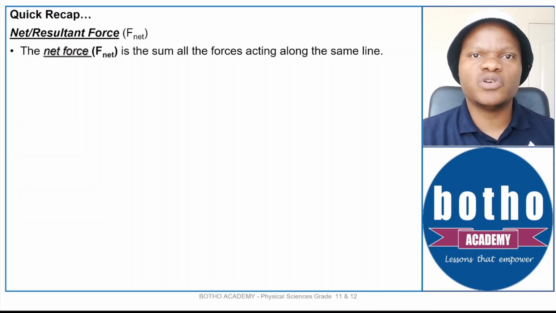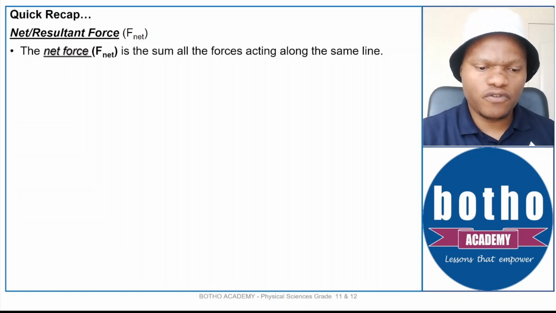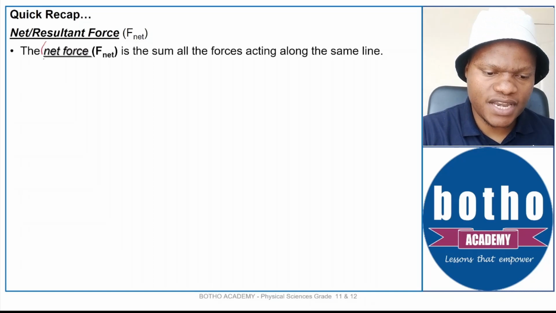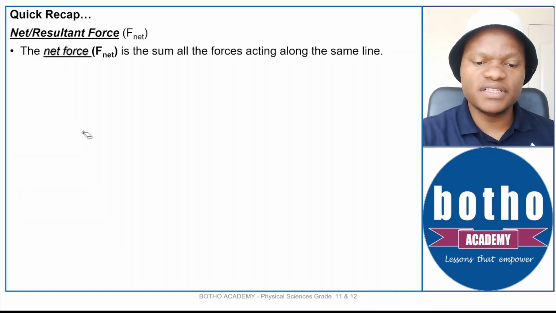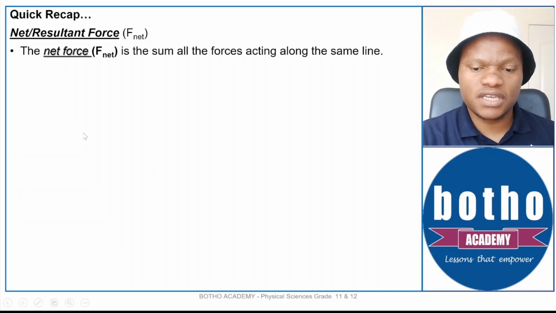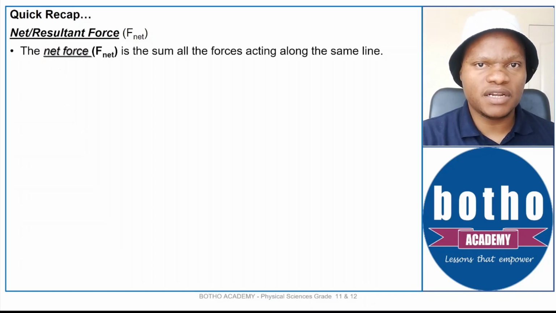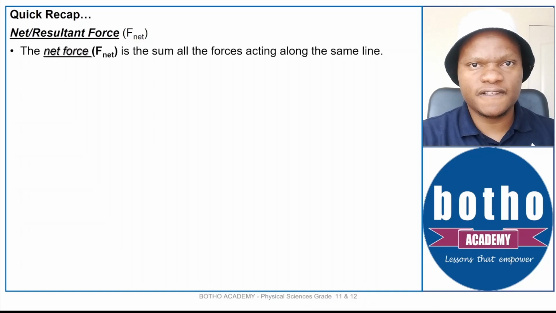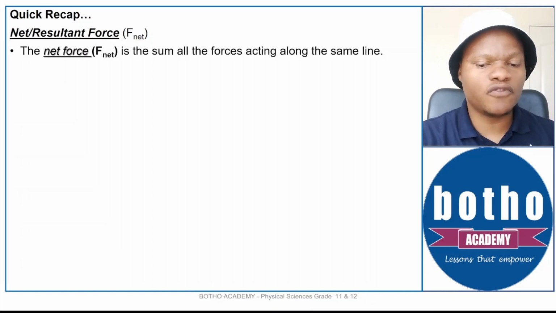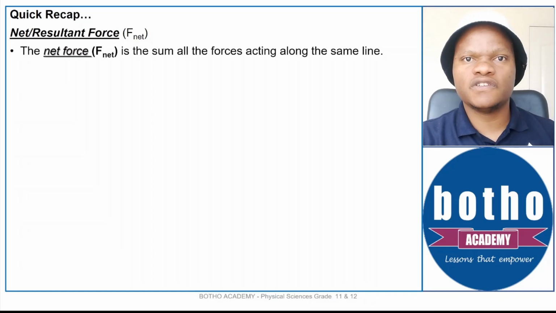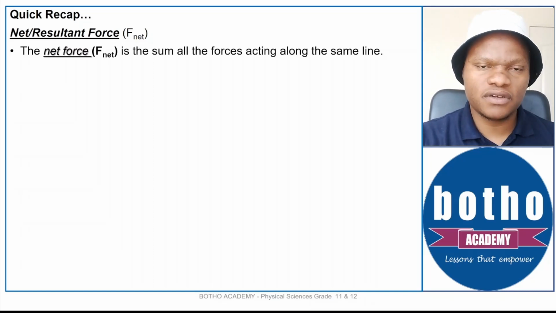So in our case, because we are dealing with force, the word net, or the word resultant, means the sum of all vectors acting along the same line. I'm going to break down this definition into two. The first part has to do with the sum of all the forces, and the second part has to do with along the same line, okay?